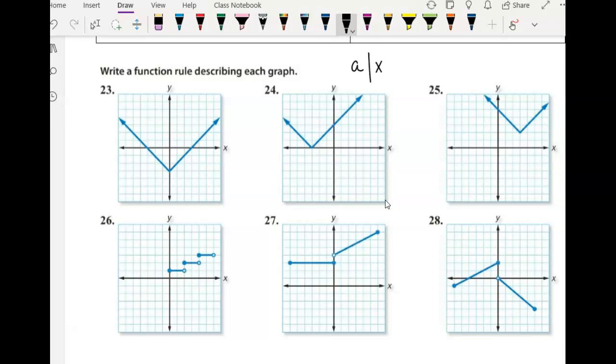If you watched yesterday's video about how to figure out how to write those rules, we're looking at something like that, the left and right and moving up and down. And then don't forget about checking for any stretches and compressions. Then 26, 27, and 28 are what we just modeled here, in example 3 from our notes, how to write a piecewise function for those.